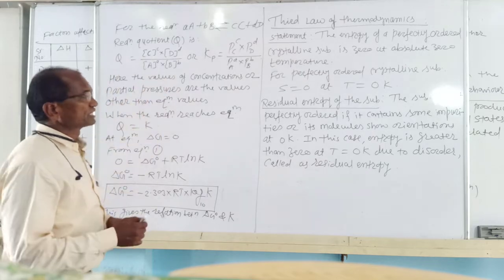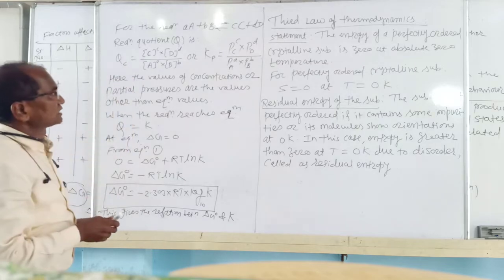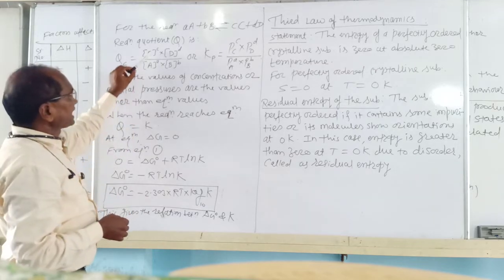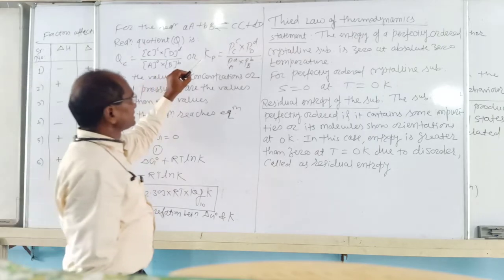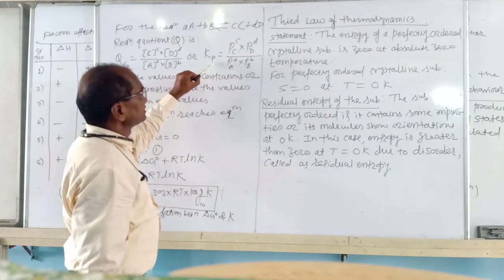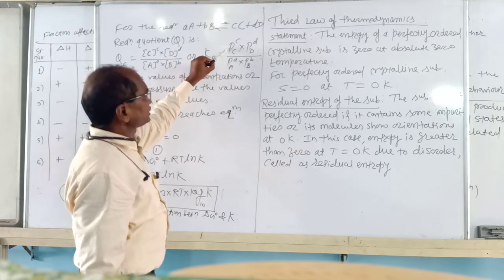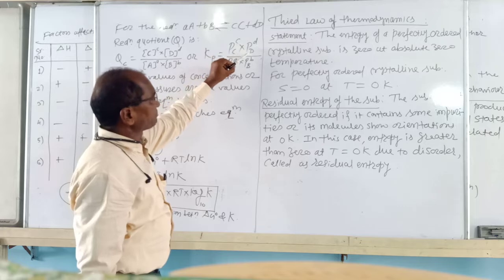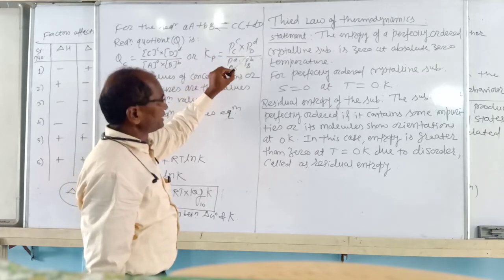Therefore, molar concentration is considered, that is also called Qc. Or if the product and reactant are in gaseous state, instead of Qc, we consider here Qp, that is partial pressure quotient. Qp is equal to partial pressure of C raised to c into partial pressure of D raised to d upon partial pressure of A raised to a into partial pressure of B raised to b.